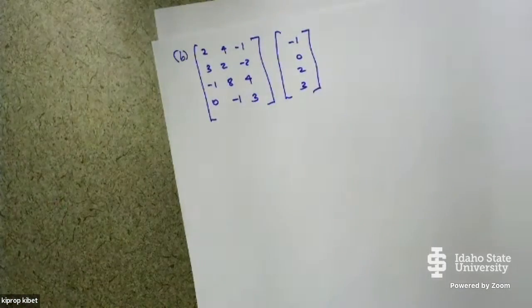First of all, we need to look at the number of columns and the number of entries. Are they equal? They are not equal.